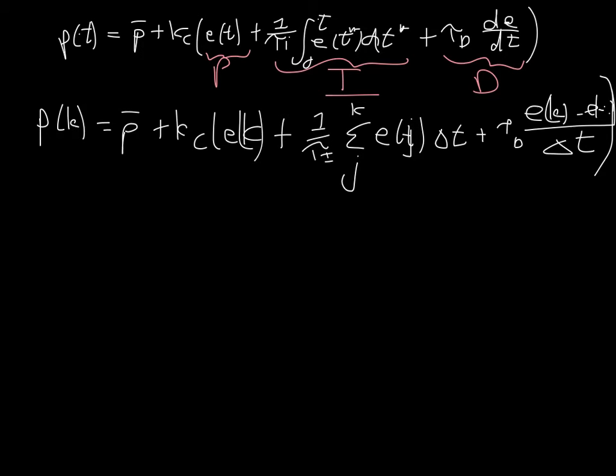Now, the velocity form is simply obtained by, you can kind of do this in two ways. You can write out the same equation twice, once for p k and once for p k minus 1, and then subtract them from one another.